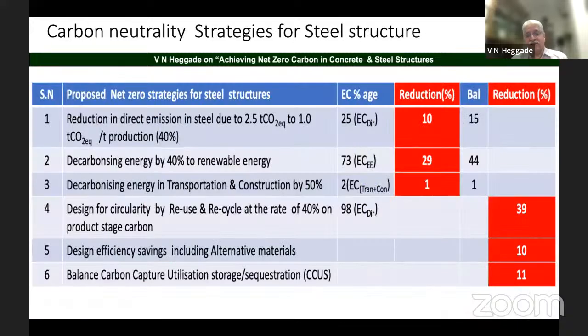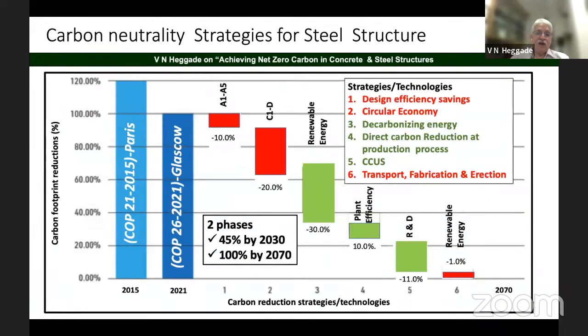Same is the case with the steel. Steel also, I think it's possible for us to reduce similar to the concrete, as you can see here. This is for the steel production, how we can reduce the carbon dioxide to the environment by 2070 in India in phases, 45% by 2030, 100% by 2070. This is what the proposal is.